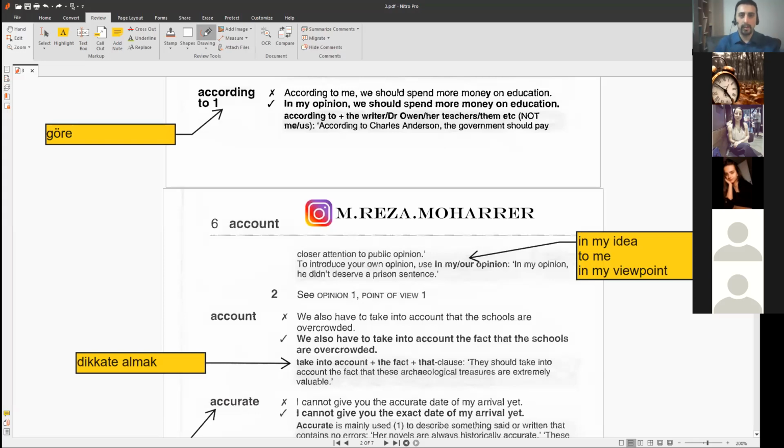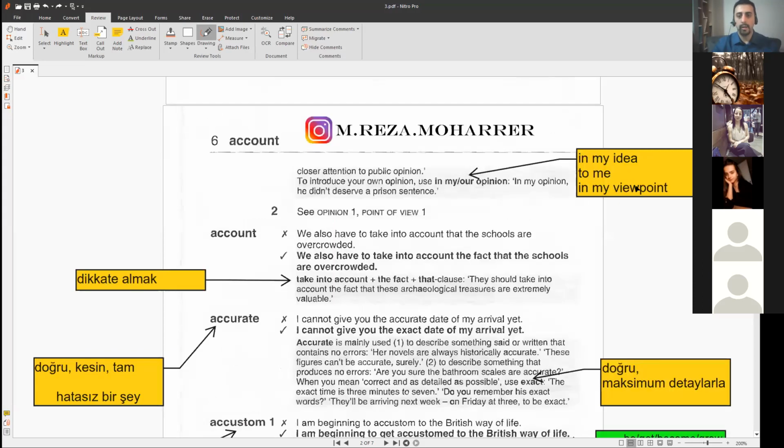According to my mother, I think, or in my viewpoint. So whenever you want to talk about yourself, use in my idea or to me or in my viewpoint. As you see here, I have written down some items here. In my idea, to me, or in my viewpoint. Thank you, Recep.